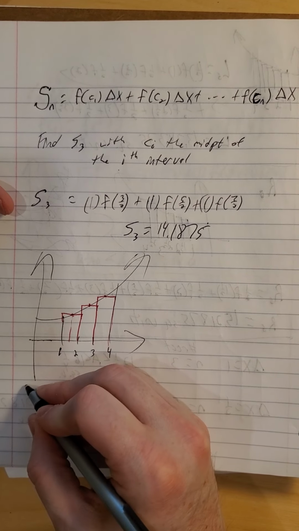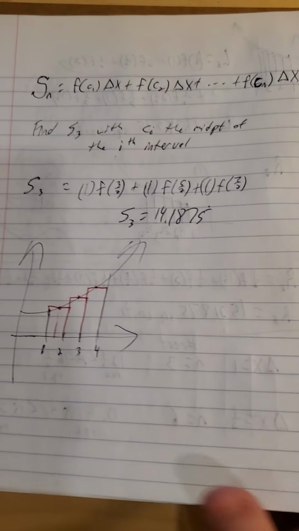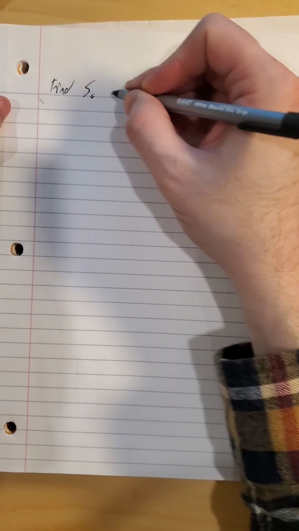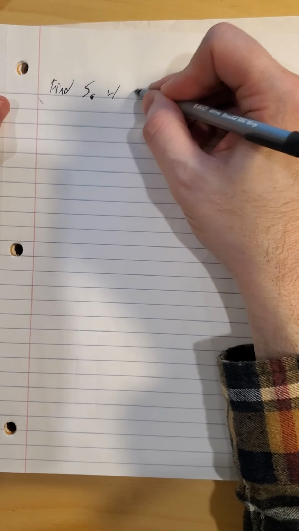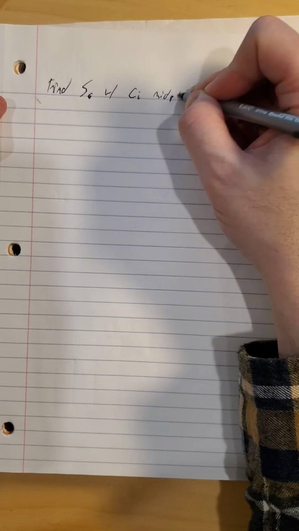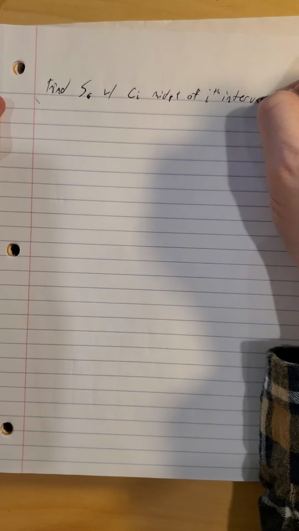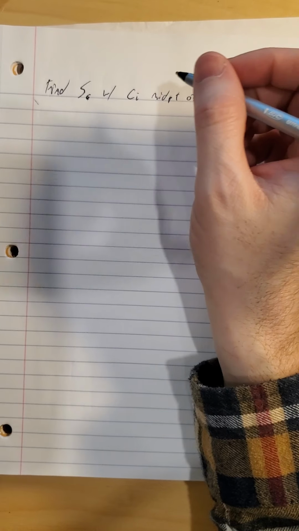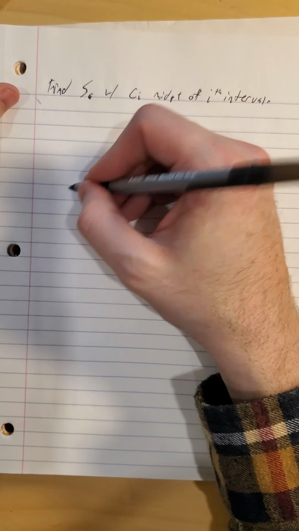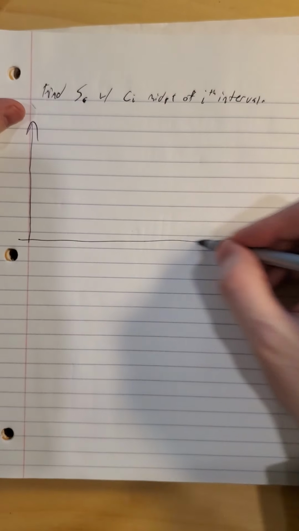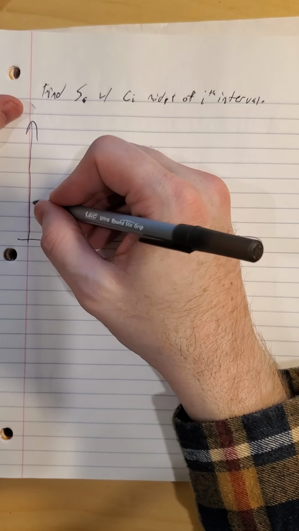So I'm going to ask you all to pause it and see if you can find S sub 6, same definition for c sub i. Okay, so I'm going to make my drawing a little bit on the larger side just because this has a lot of rectangles going.